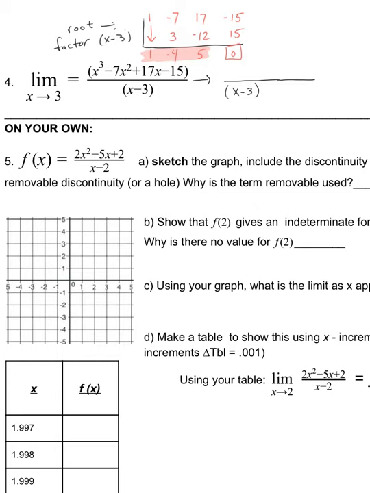All right, so let me get that so you can read it. I'm going to highlight it in red, what has to be part of your answer. So we're going to factor this numerator into this times this. So we need x minus 3 times 1x squared minus 4x, and then finally plus 5.